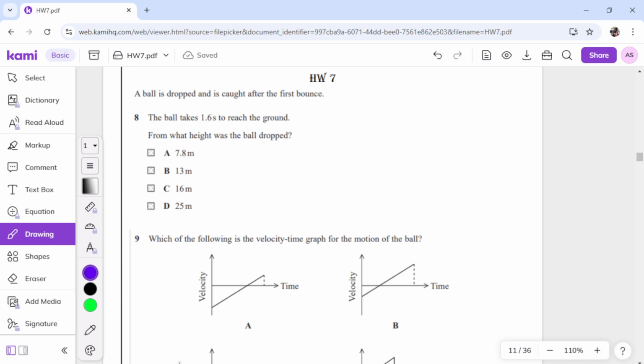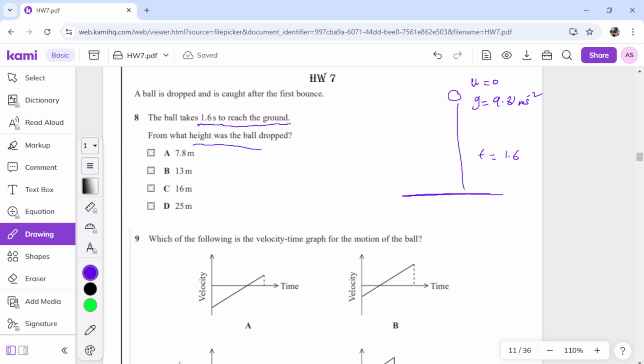A ball is dropped and is caught after the first bounce. The ball takes 1.6 seconds to reach the ground. So you drop a ball from here to the ground, it takes time equal to 1.6. Of course when you drop the object it starts from rest and moves with 9.81 acceleration. Okay, so he asked what height was the ball dropped from.